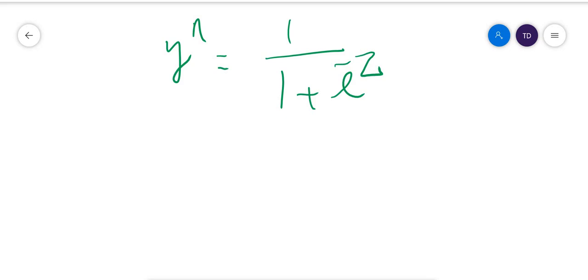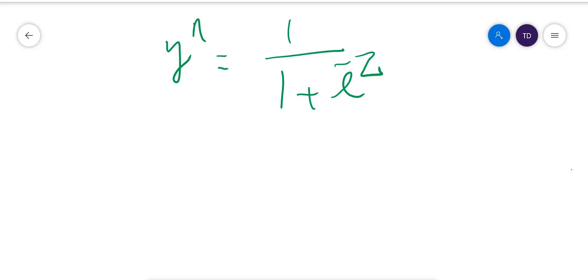What exactly is happening? You calculate the weighted sum, after that you squash it using the activation function, then you get the output. ŷ is 1 by (1 plus e raised to minus z). z you can write as w1x1 plus w2x2 plus w3x3, like that it will go. So this is the predicted output.